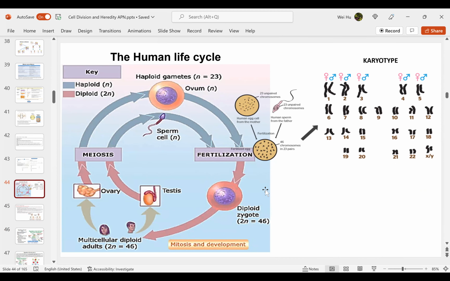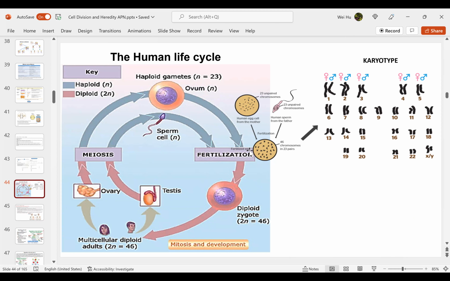Okay, so let's look at this picture. So your whole life can divide into division. So start with mitosis. So what is the pink area? Mitosis. When you start mitosis, since you are one cell, since your mom gave you egg and your dad gave you sperm, they combine, become zygote.